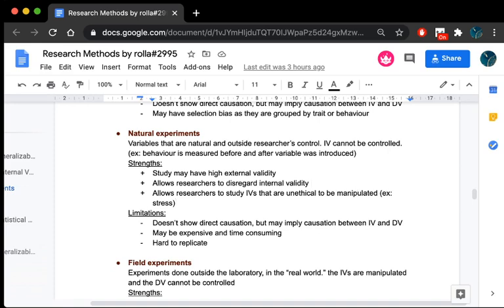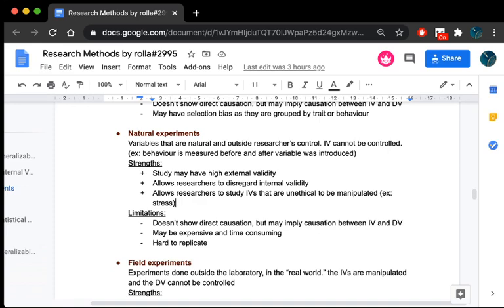I'd say a study involving lockdown would be a natural experiment, because you don't really have a choice but to stay confined in your room when the lockdown happens, and that is outside researchers' control.